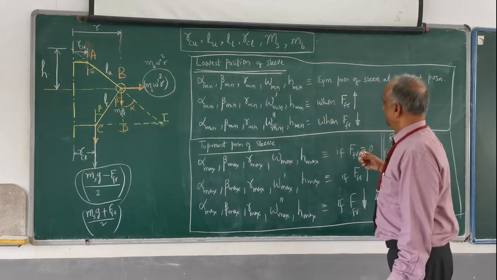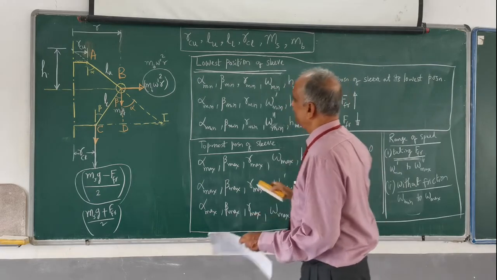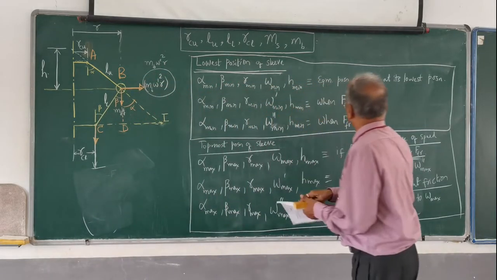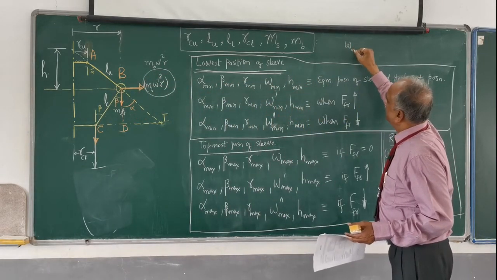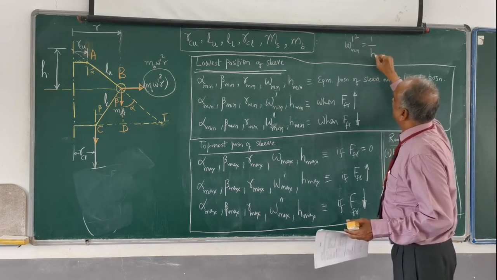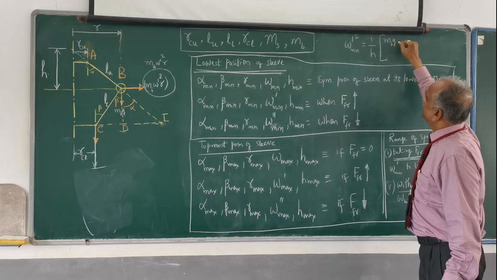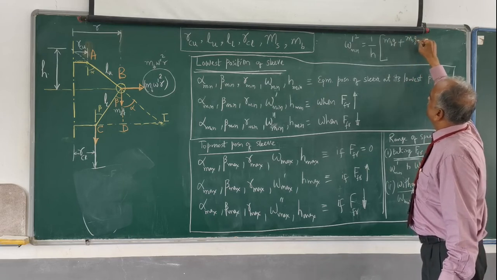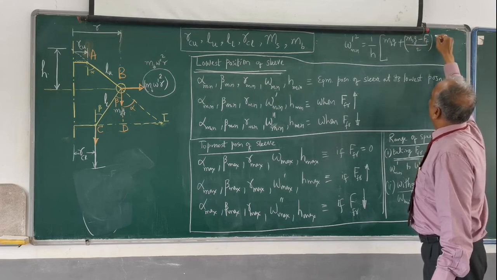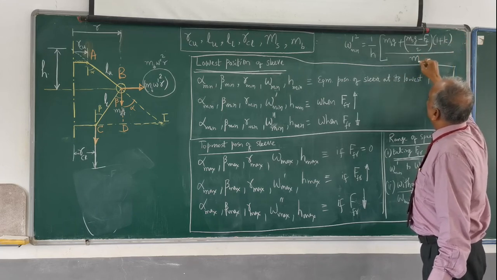Okay? Then I wish you to go back to the same formula. So what is omega minimum dash? If I want to write it down, omega minimum dash square is equal to 1 by h into, this is nothing but mb into g plus ms into g minus ff, divided by 2 into 1 plus k, the whole thing divided by mb.